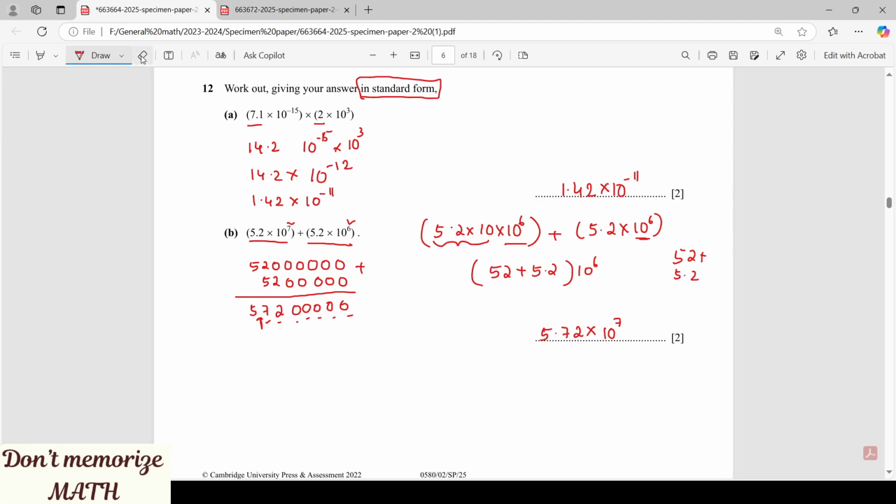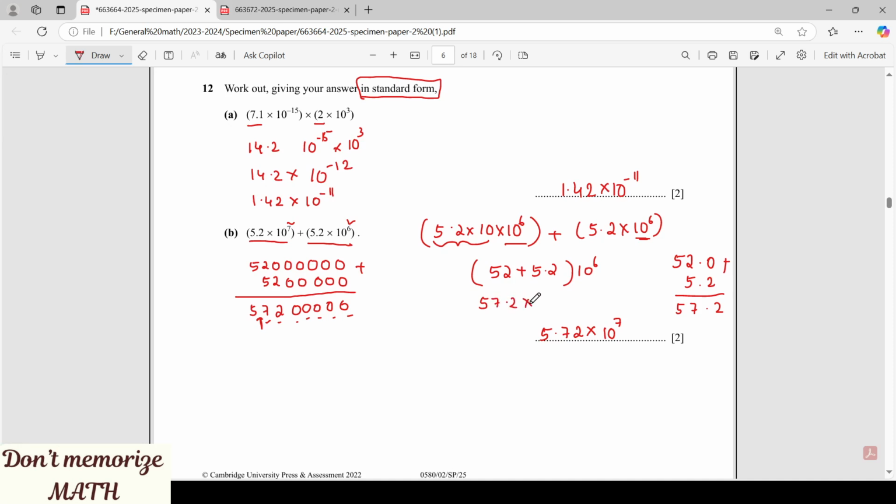Sorry, when you write this decimal, you have to write it properly, otherwise you will make mistakes. So we have 52 and we have 5.2. We'll add them, so you will get 57.2 times 10 raised to 6.